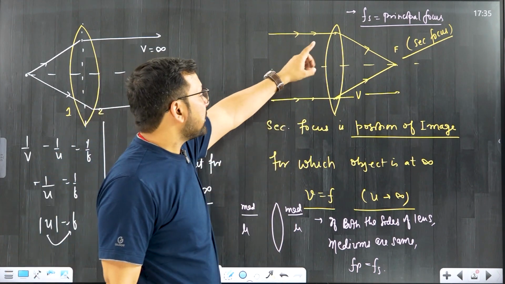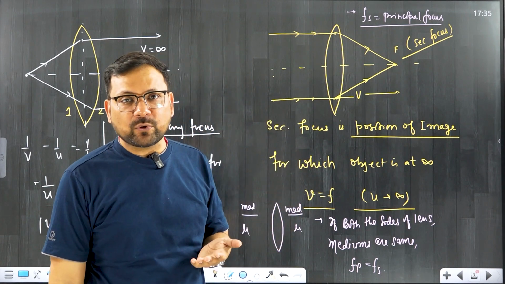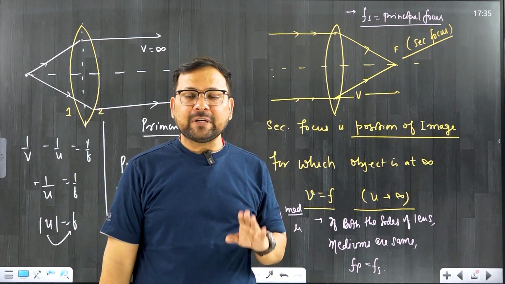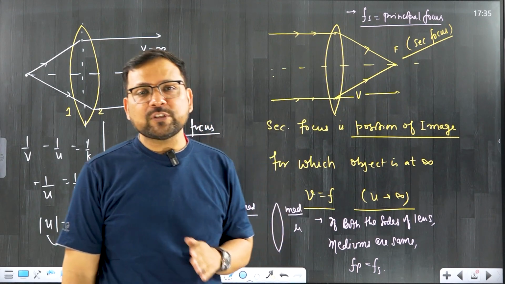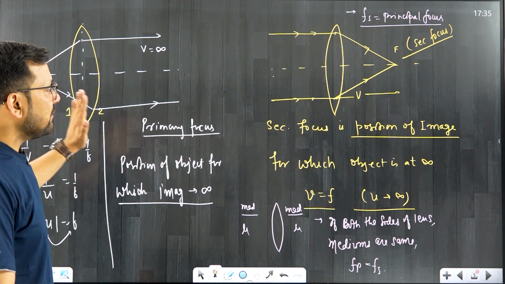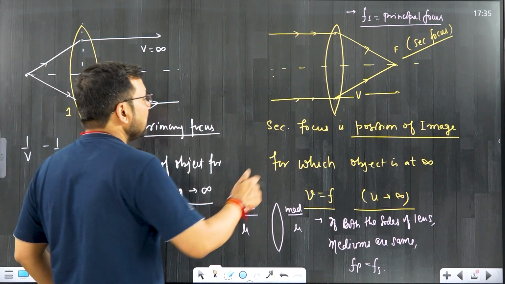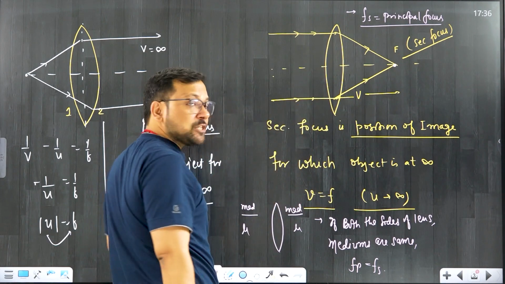But you can expect a statement question: which focus is the principal focus for a lens? Keep in mind, it is always the secondary focus, the position of the image for which the object is at infinity.